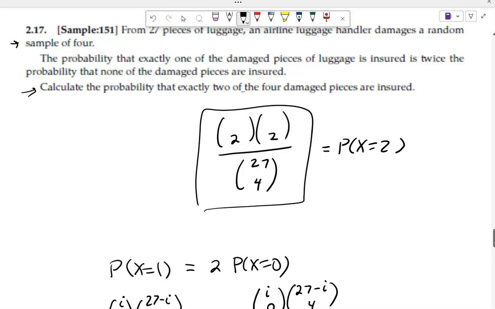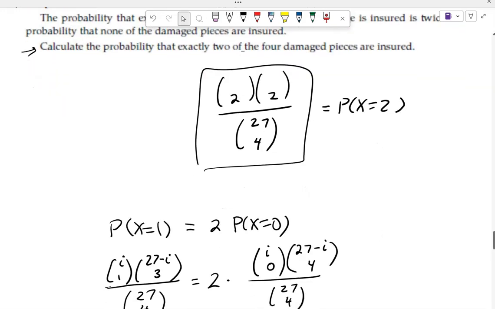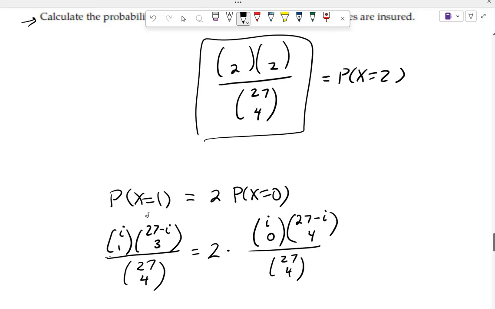That's why the 2 is on that side. Probability that 1 is damaged is 2 times the probability that none is damaged. Oh yeah, you're fine. I was making sure I wasn't reading it wrong. It should be this way. We'll find out in a second because I know what the number is supposed to be when we're done.